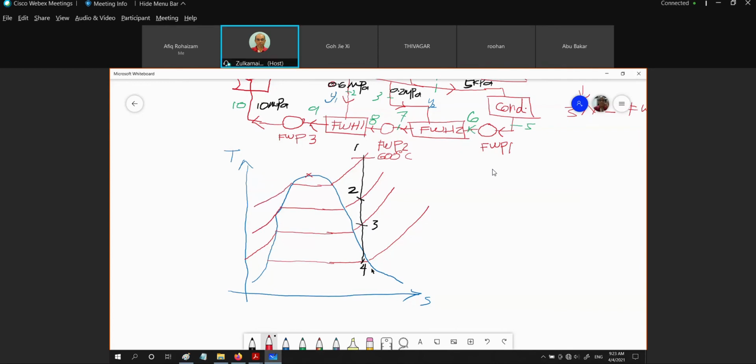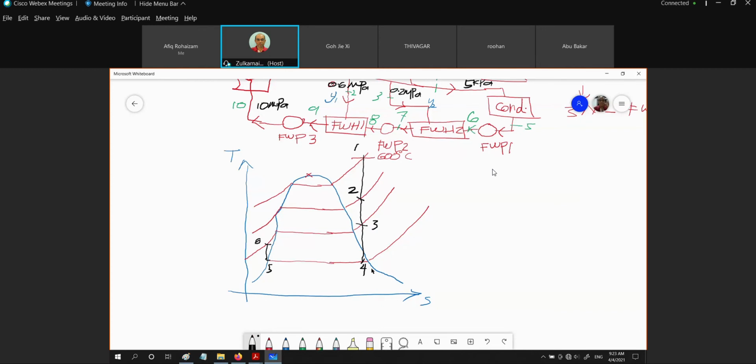And then we have 3 pumping processes. Vertical, this is your isentropic. This should be the first, 5 to 6. This is 5, and this is 6.